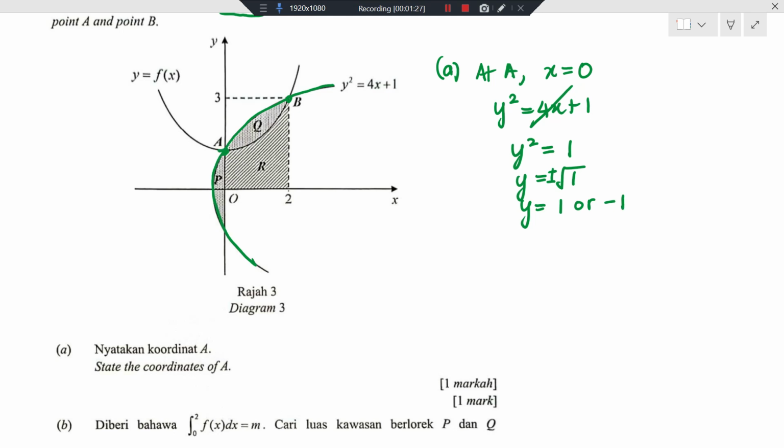In this case, it should be 1, and here should be the negative 1. So A is, sorry, not 1, 0, it is 0, 1. Your x is 0, the y is 1. Okay, your x is 0, remember that. So that's your part A.